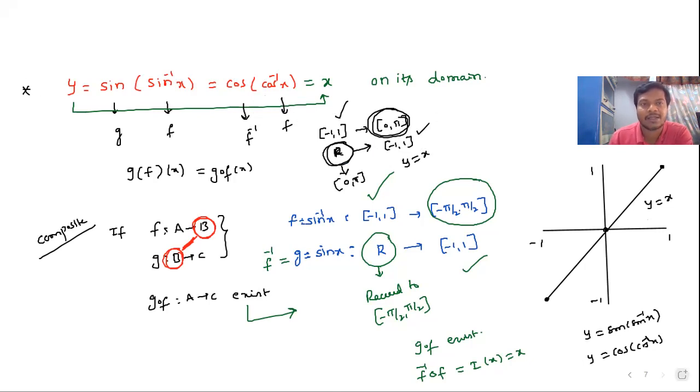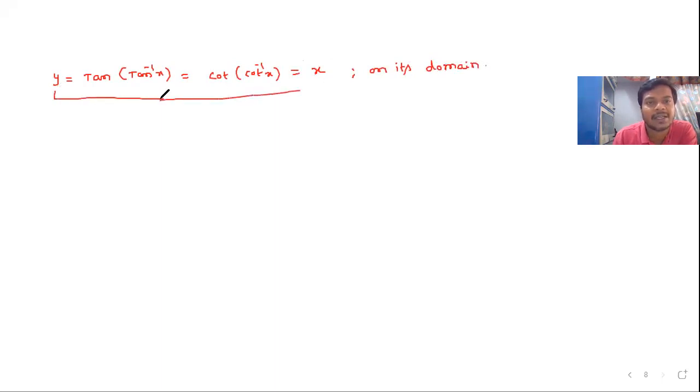Next we go for the graph of y equal to tan inverse of x, and this is the same as cot inverse of x, and it is equal to x on its domain, only on the defined domain it is y equal to x.